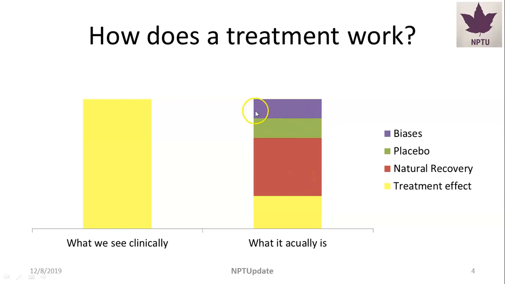There are lots of measures available, such as blinding and many other ways by which you can control biases. You can blind the outcome assessor, and you can randomly assign patients into groups. All of these methods allow us to minimize the biases. Keep in mind, bias can never be totally removed, but randomized controlled designs are designed in such a way that it can be minimized. Placebo effect can also be controlled if you have a control group.